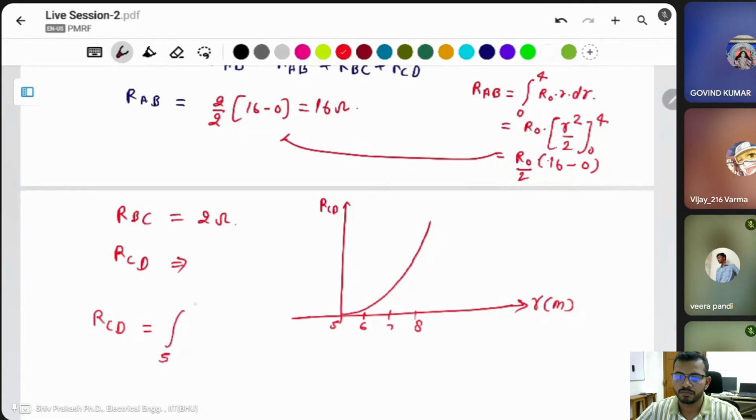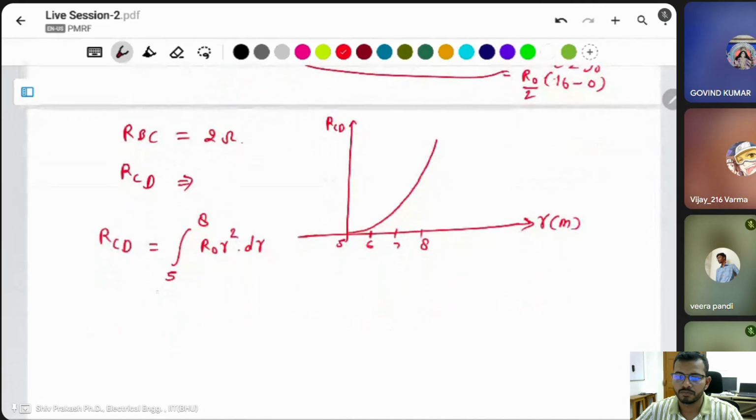Integration from 5 to 8 of R naught square dr. Then this will be R naught into R cube by 3, from 5 to 8.